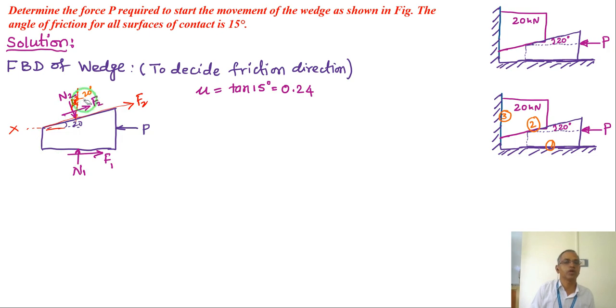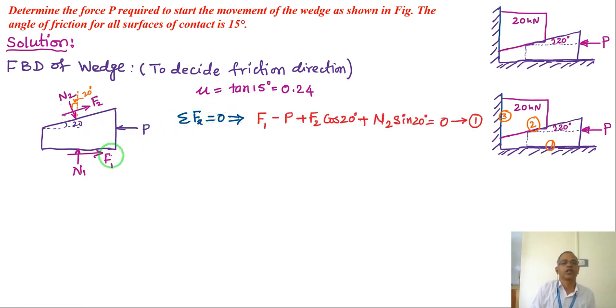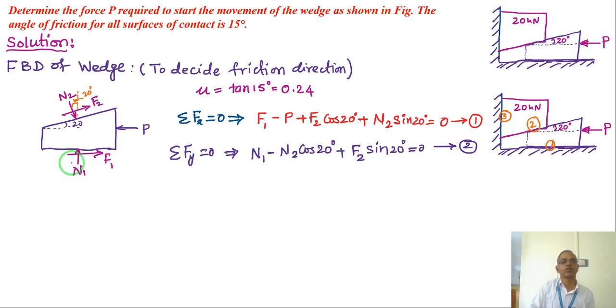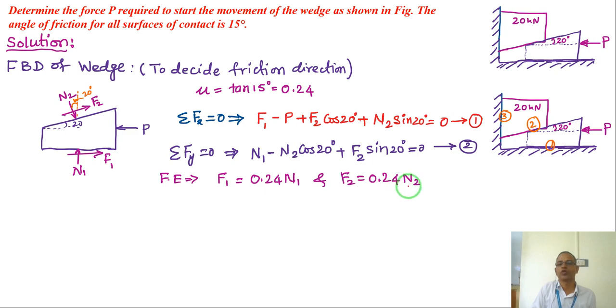So summation Fx, horizontal direction, I have F1, minus P, F2 cos 20 and N2 sin 20. Similarly, summation Fy: N1, N2 cos 20, F2 sin 20. Then the friction equations, with coefficient of friction 0.24: F1 equal to 0.24 N1, F2 equal to 0.24 N2.